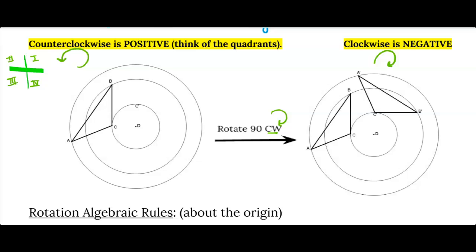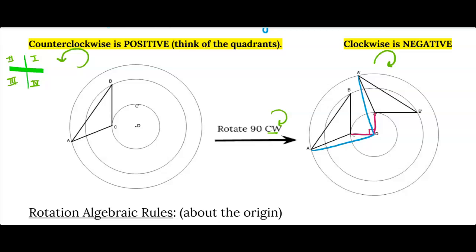So if you were to draw a line and create the angle between C prime and C, it will create a right angle. And it would do that for all of your points. So A to D and then D to A prime, they form right angles. So if we had a protractor, we could measure that.